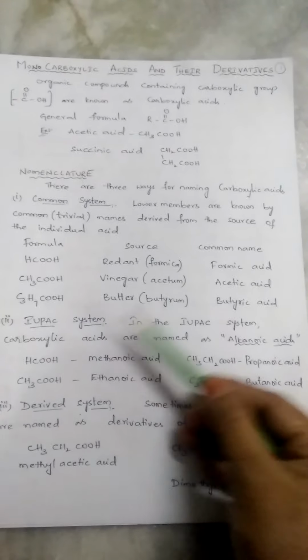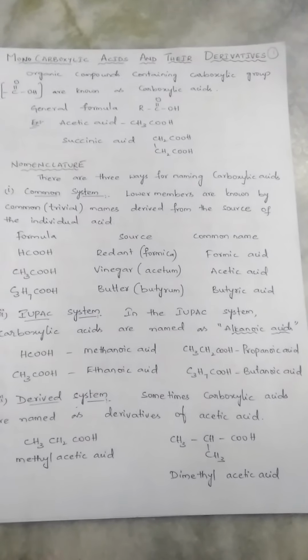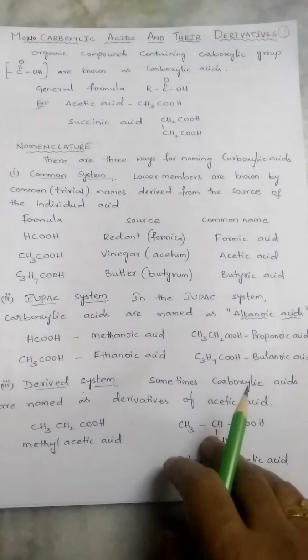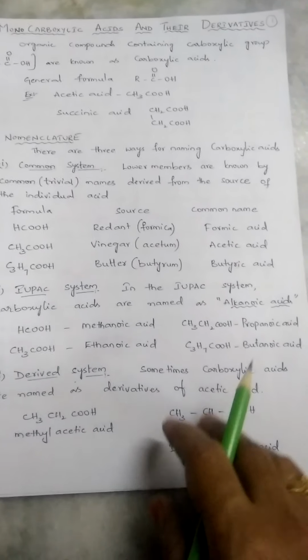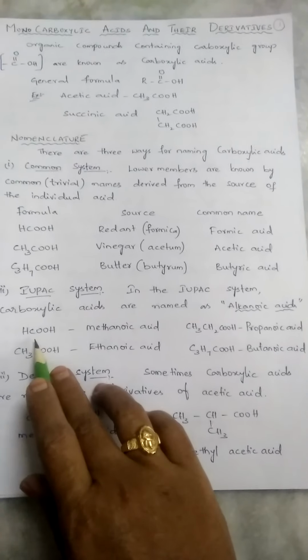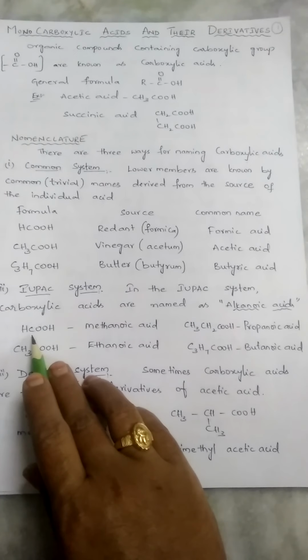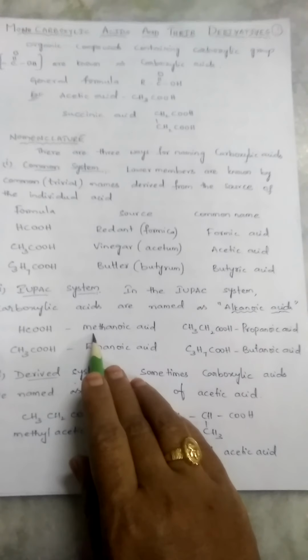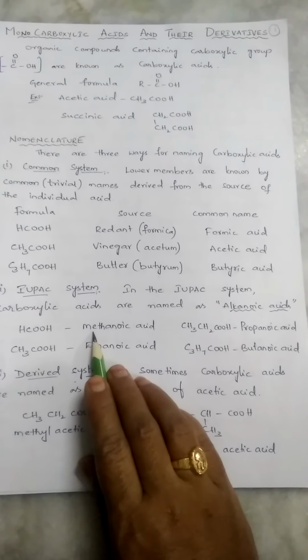Okay. Next is the IUPAC name. Even these IUPAC names you are studying from your 10th standard. Depending upon the number of carbons and the functional group, we name these IUPAC names. See here in HCOOH, how many carbons are there? Only one carbon. If only one carbon is there, its name starts with meth.